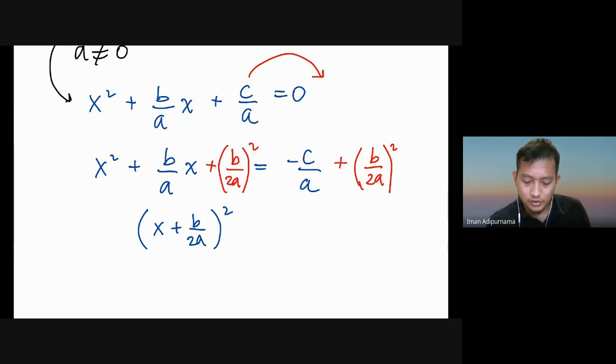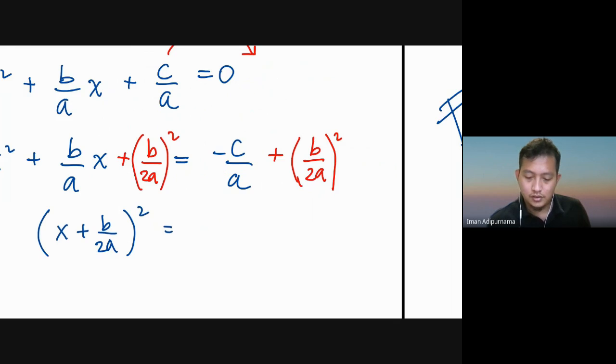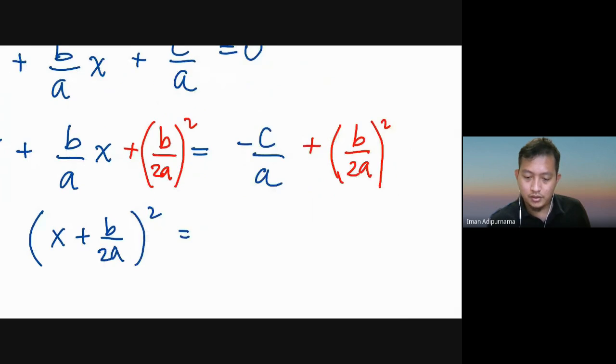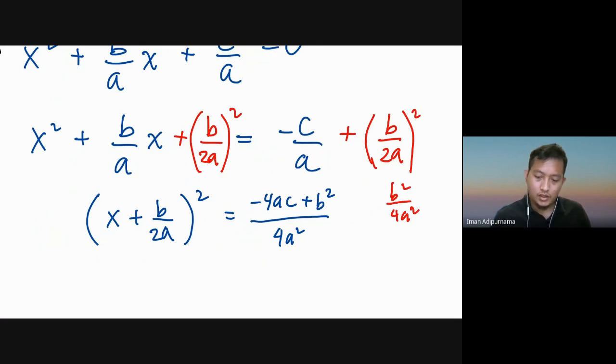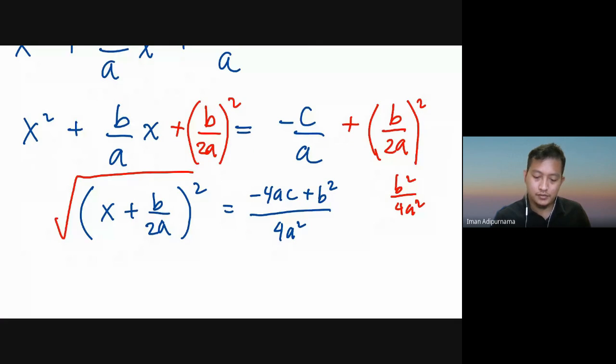And then on the right side, because it's becoming b squared over a squared, I can write this in terms of 4a squared, and this will be b squared minus 4ac, right? Now take the square root of both sides.